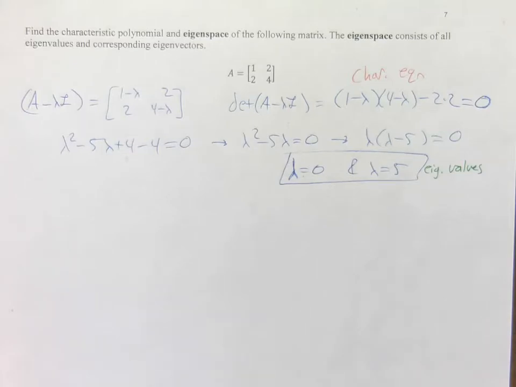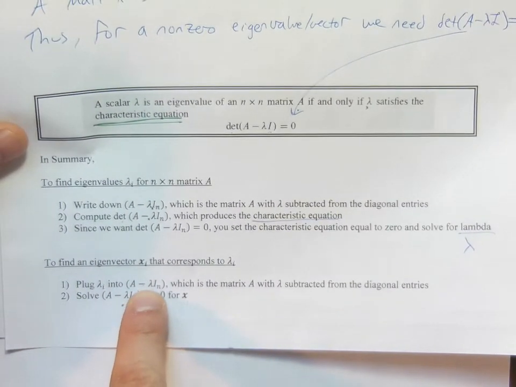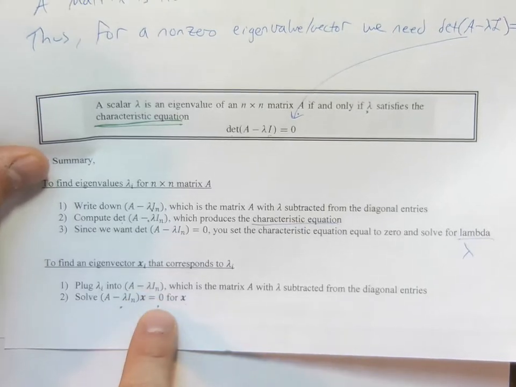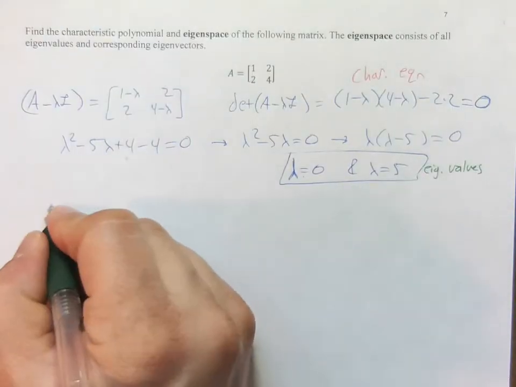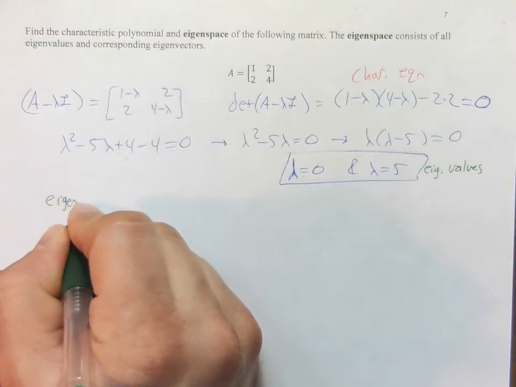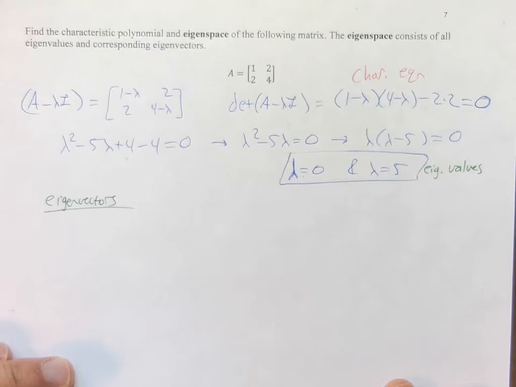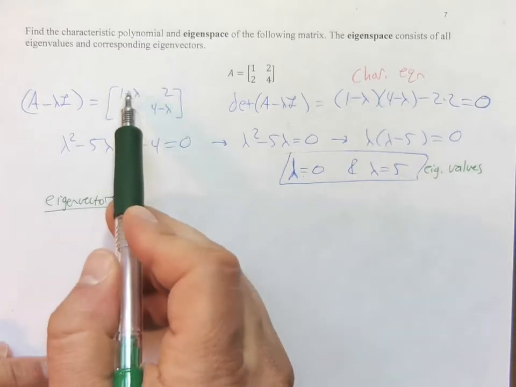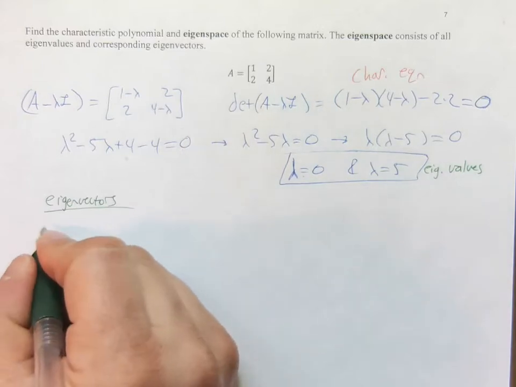And then to find the eigenvectors, we just do what's on the bottom of the second page. You plug lambda back in, subtract it off the diagonals, and then solve the homogeneous equation, which again is easier to do because we've got a 2x2. So for the eigenvectors, let's first plug in 0. And so we're going to subtract 0 off the diagonal, and so we're just going to look at the regular matrix.